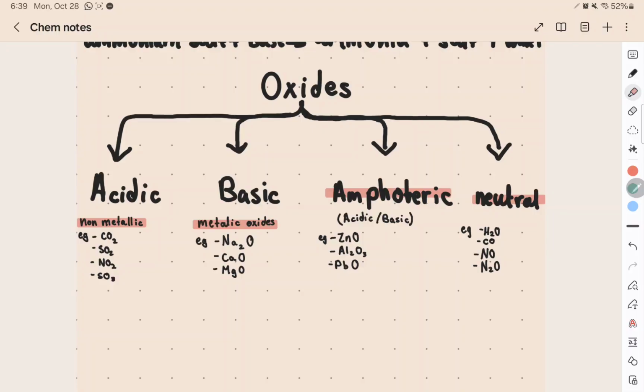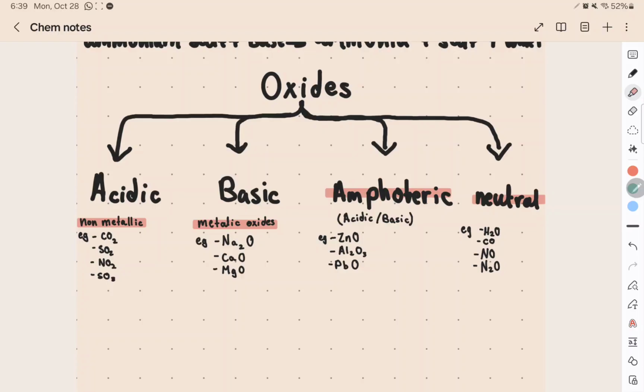Now amphoteric, memorize them. They're only ZnO, Al2O3 and PbO only. And neutral are only water, H2O, carbon monoxide, CO, nitrogen monoxide, and N2O. To be honest, I don't know what it's called.